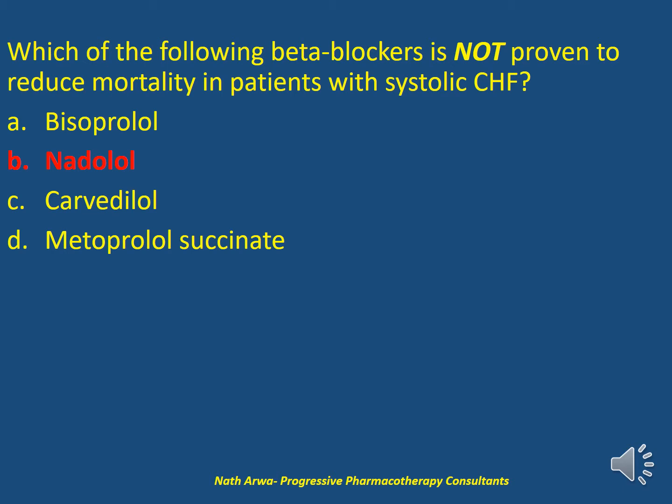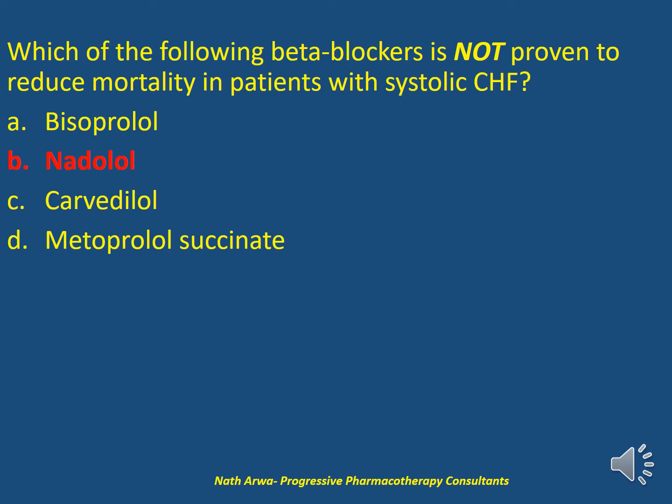The succinate is superior in this particular category of patients. So remember, these 3 beta blockers have been proven to be effective in reducing the risk of deaths in patients with chronic HFrEF, according to many publications out there.